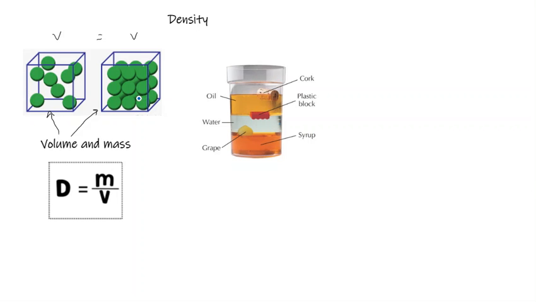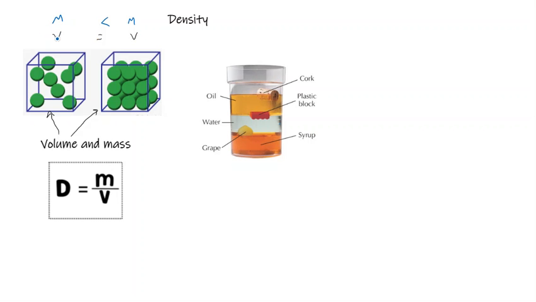But if we look at the mass, we can see that there's more mass here, there's more matter or particles packed into this volume than there is into this volume. So the mass here is greater than the mass here.